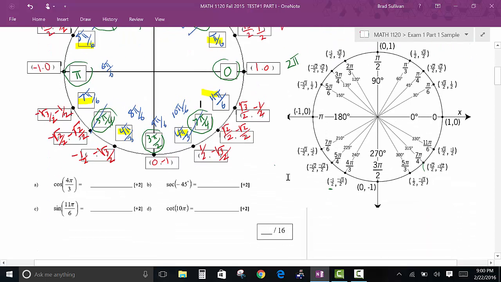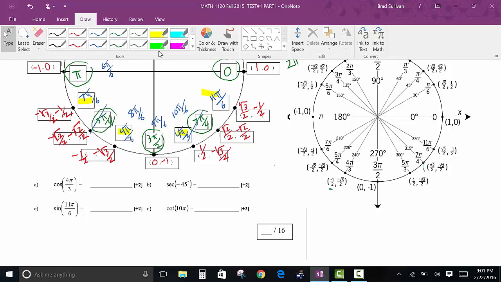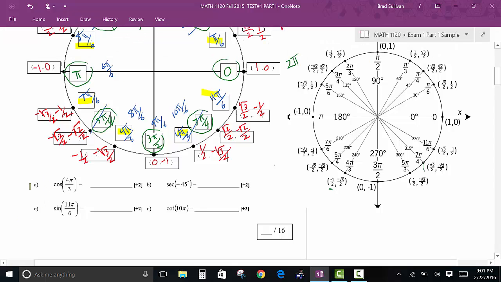Okay, so the next thing I want to do is look just a little bit at if you're looking at a unit circle. So let's look at, for instance, the cosine of 4 pi over 3. Part A. If you find 4 pi over 3 is this angle, the cosine is nothing more than the x value.